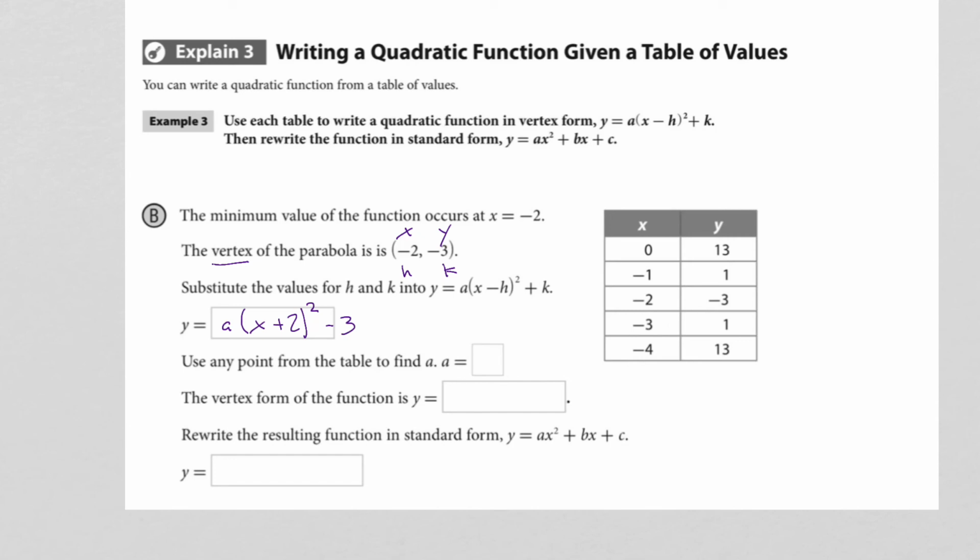These are the coordinate values, but this is the vertex right here. And that's all great, but what's the one thing in this equation you don't know? That's the a. The table doesn't tell you what a is either, but the table does give you some values for x and y.